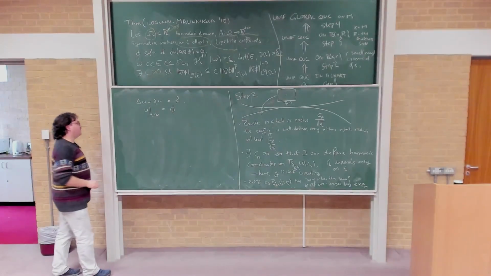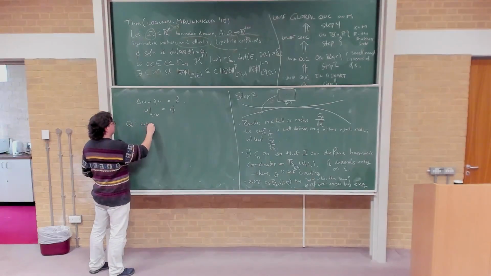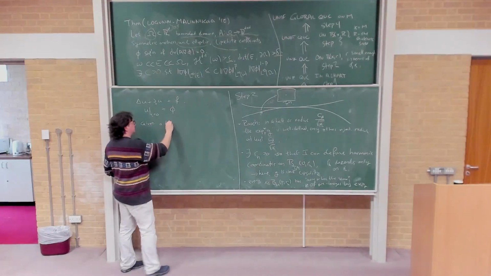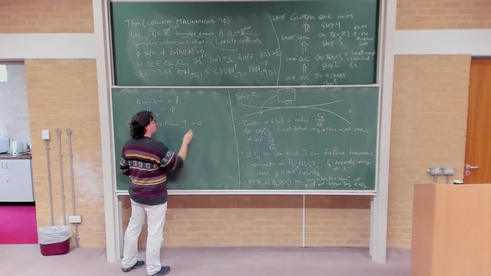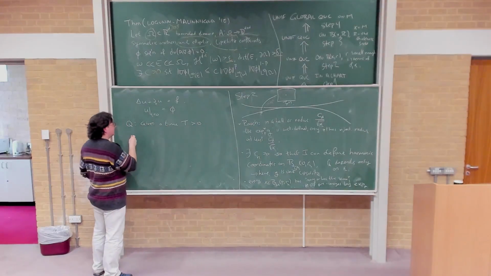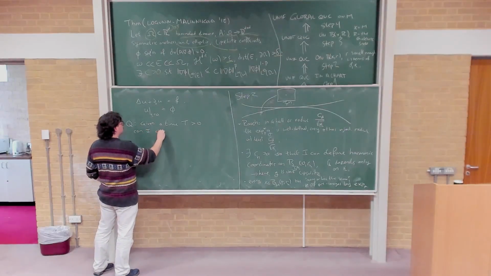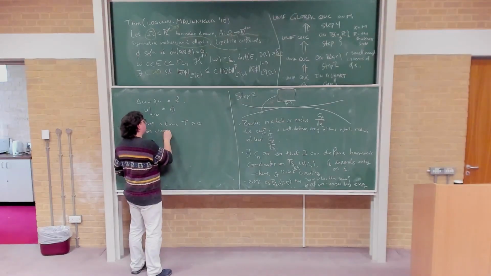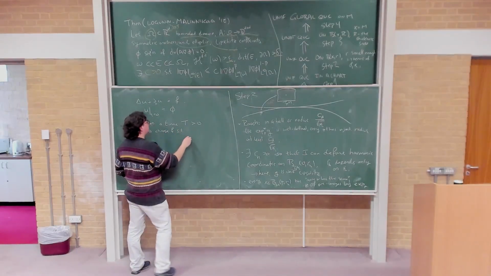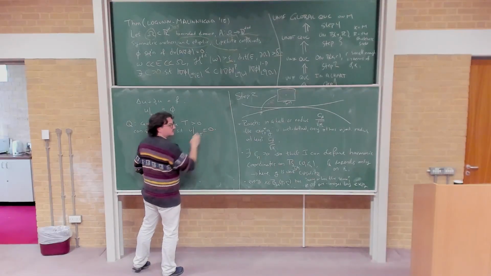And the question is, given a time t greater than 0, can I choose f, or can one, I'm not alone in this, choose f so that u at time t is 0.